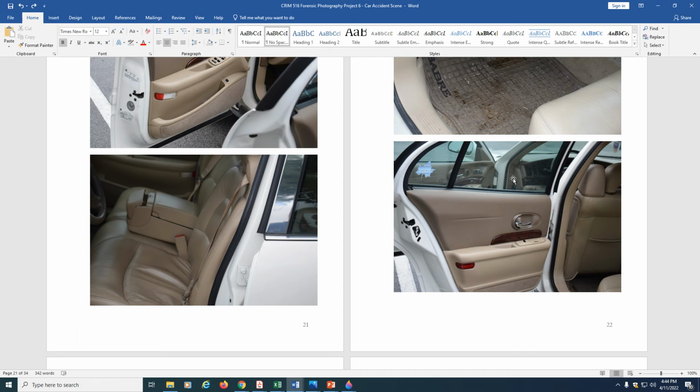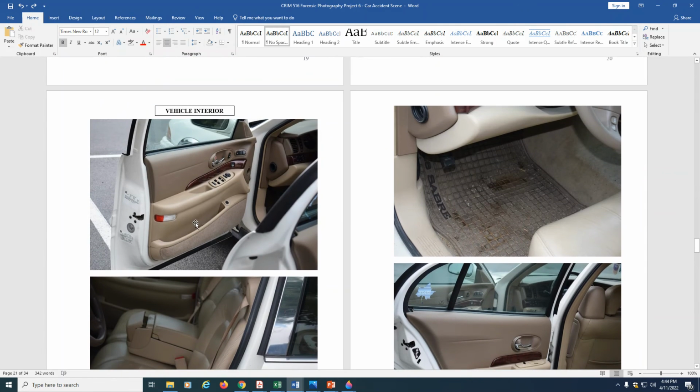If you have, for example, a 2-door vehicle, what you need to do, hypothetically, if this were your 2-door vehicle: door panel, seat, and then floorboard. But for your back seat, what you would do is simply fold the seat up that you need to look at, or in essence, how a person would normally get into the back seat. That's how you would want to photograph it.